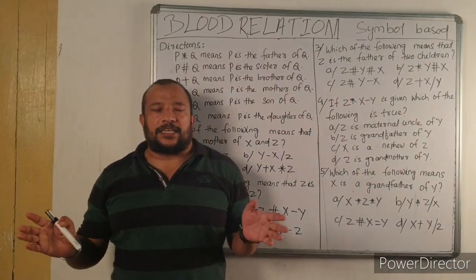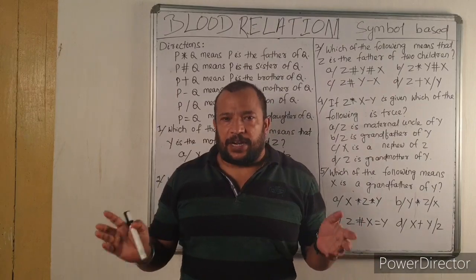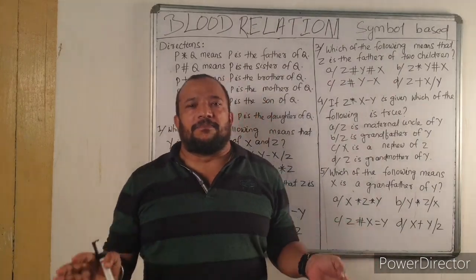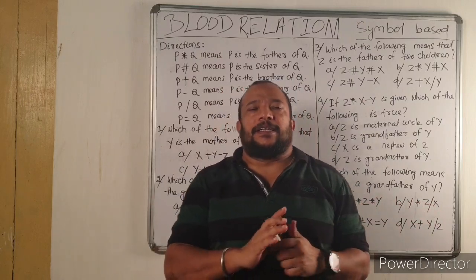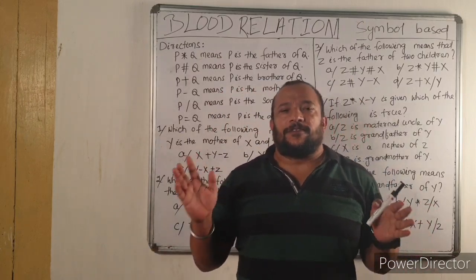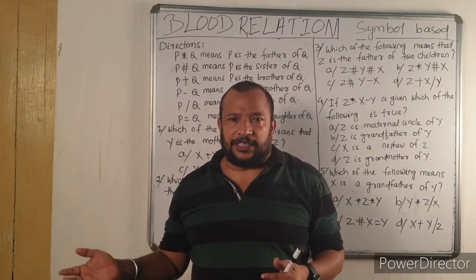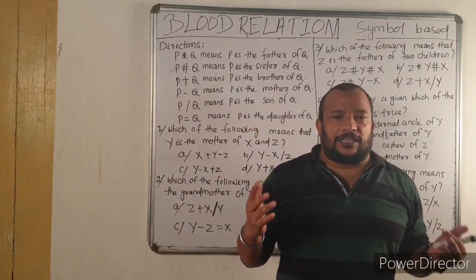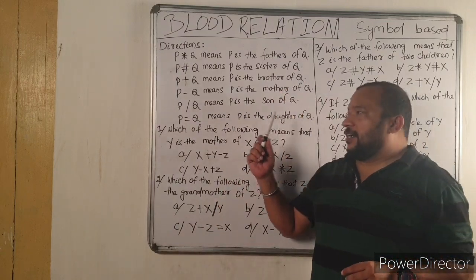Okay, now we'll discuss questions of type 3, that is symbol based questions. In symbol based questions, first you will get the instructions and after that you will get questions. So let us first look at the instructions.